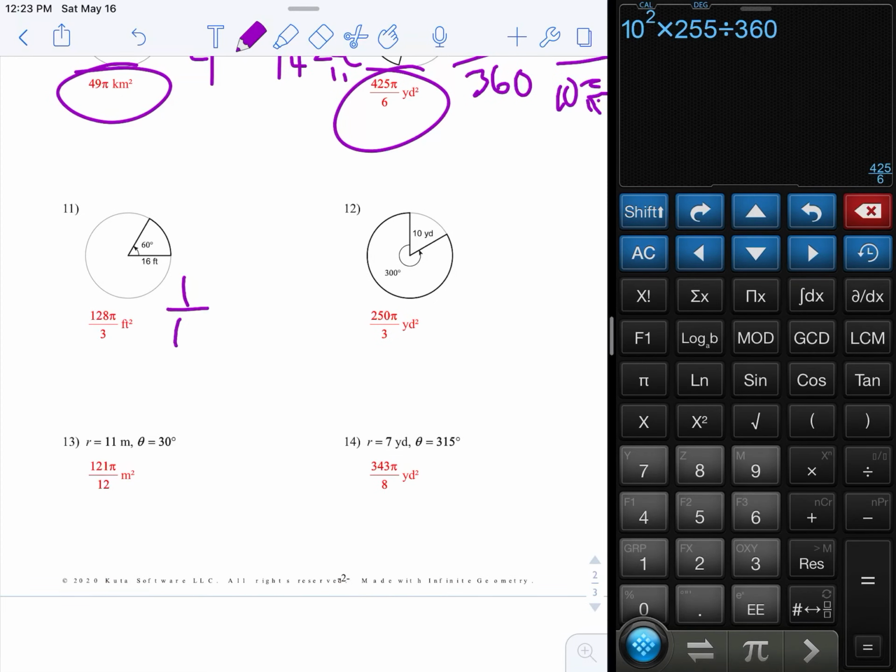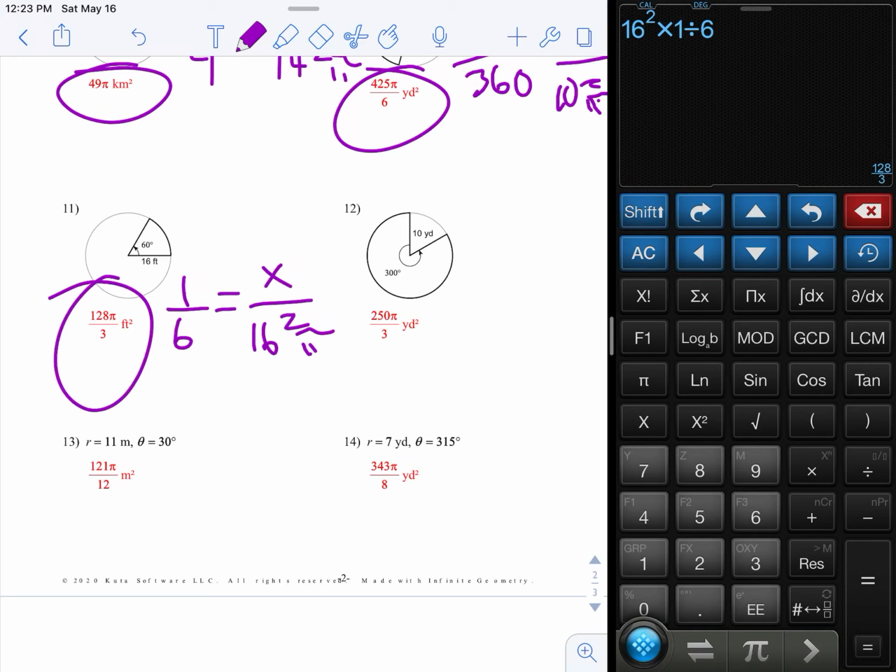Okay, this is 1/6 of the circle. 16 squared pi. Okay, 16 squared times 1 divided by 6. All right, 128 pi over 3.